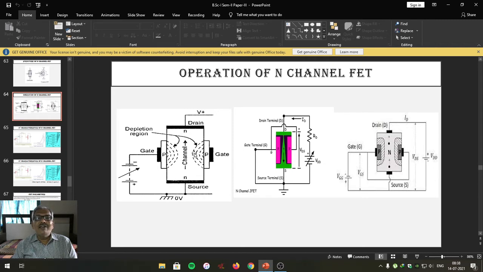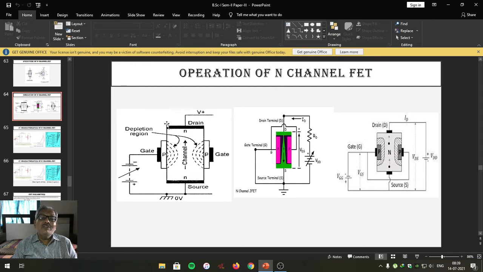That channel, being N type, is why it is called N channel junction FET. Both the P type layers are connected with each other, and that terminal is called the gate. Ohmic contact is taken from the bottom of the N type substrate, called the source. Ohmic contact is taken from the top of the substrate, called the drain.